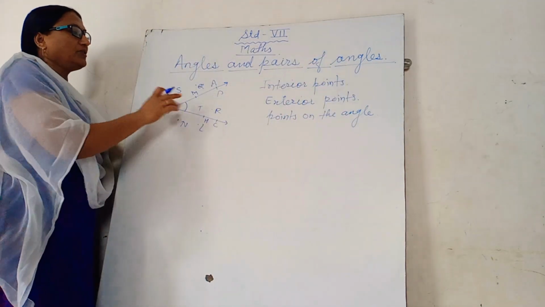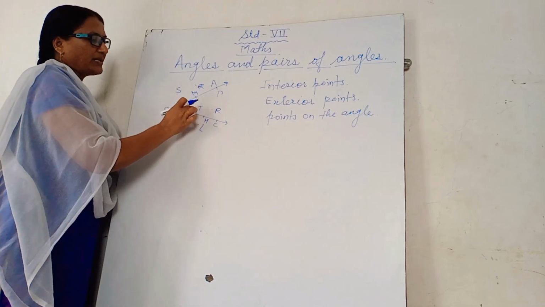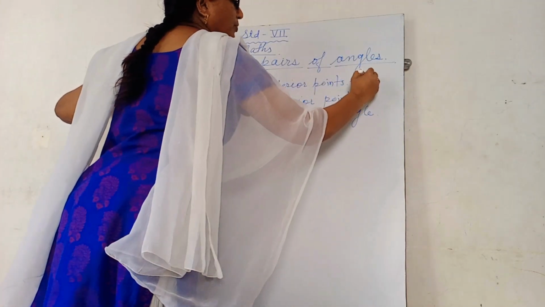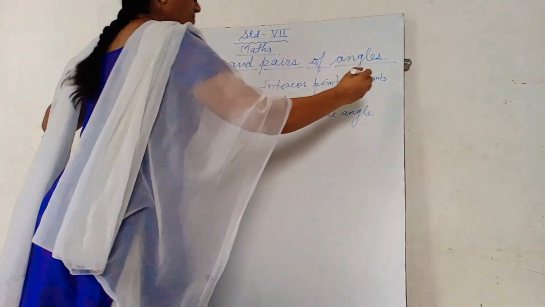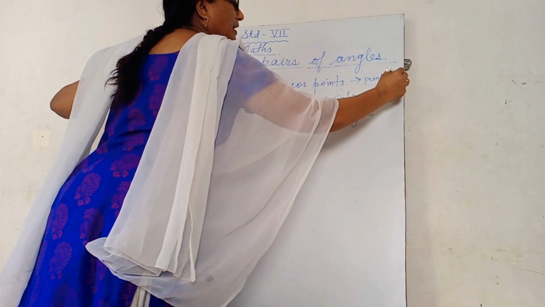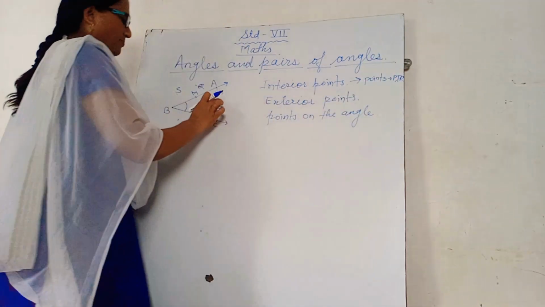Okay, then which points are interior here? Point P, point T and point R. Points P, T and R are interior points.